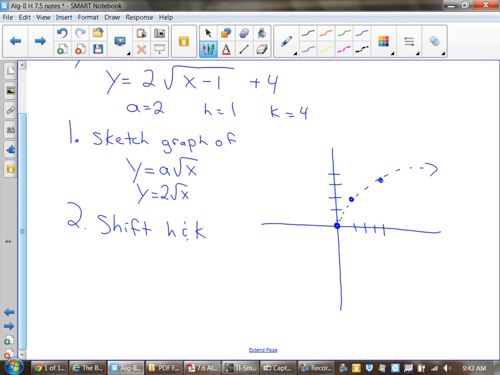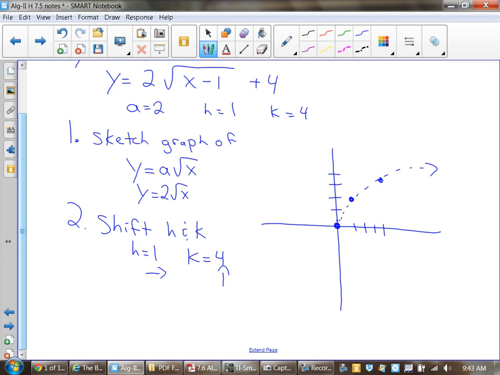Because the second step of graphing these is now just to shift it, H and K. So now for each one of those points, I have to move it to the right 1 and up. Okay? Since my shift, my H is 1 and my K is 4, I go to the right 1 and I go up 4 on each of those points.